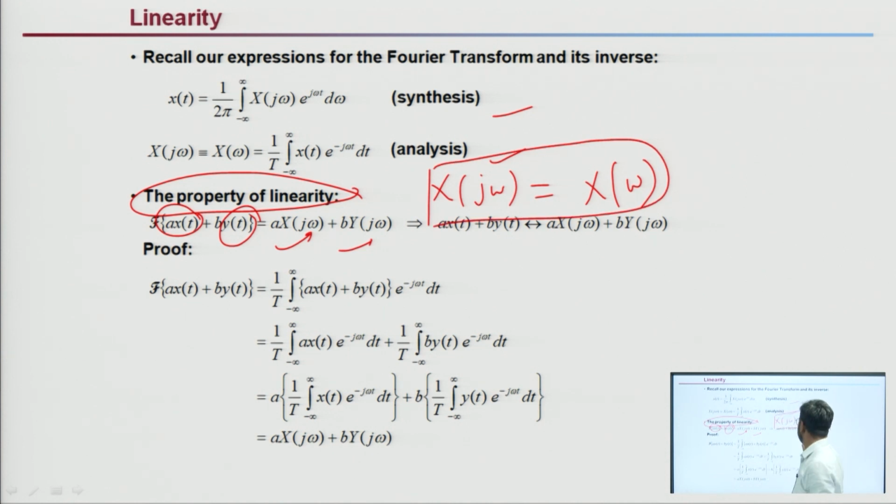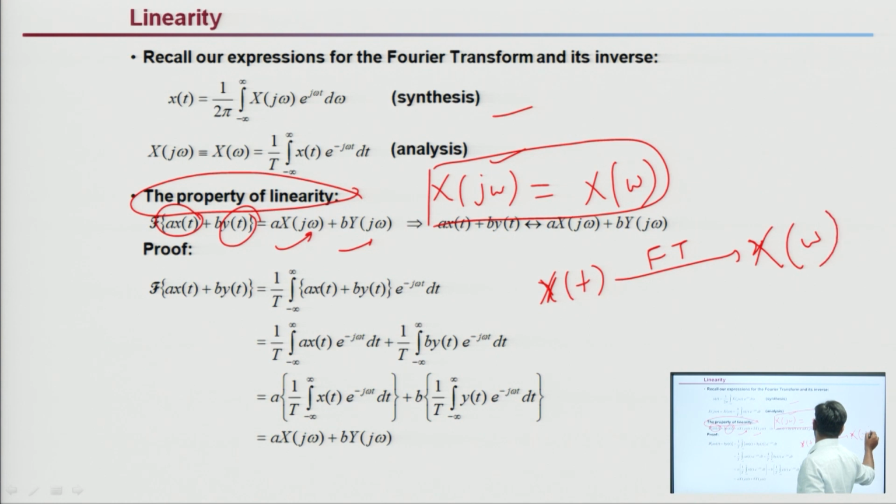If x t is the function, then somewhere they write the Fourier transform of x t as X omega, and somewhere you will find X j omega. So, do not get confused, both are the same thing.